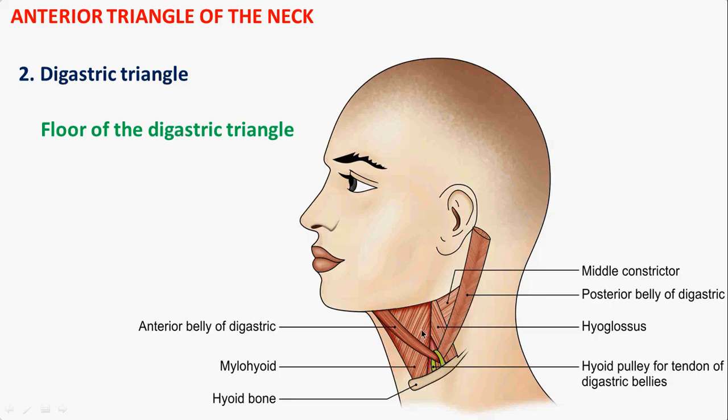A small part of the middle constrictor muscle of pharynx appears in the floor. But if you can remember these two, that is enough.